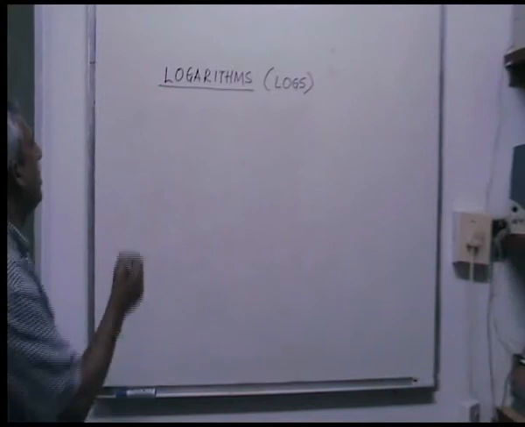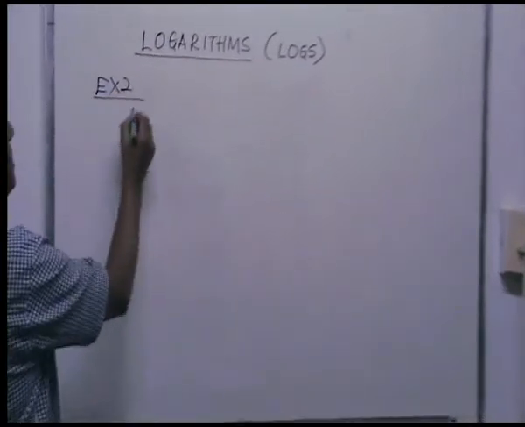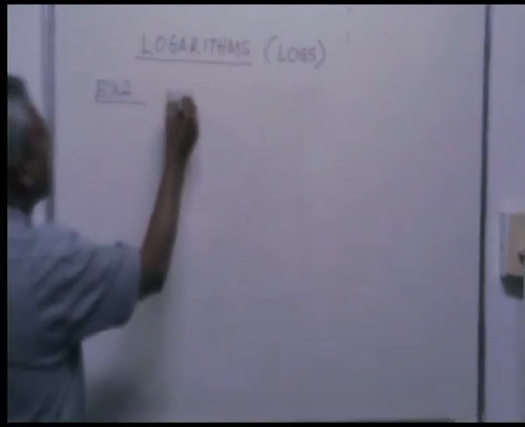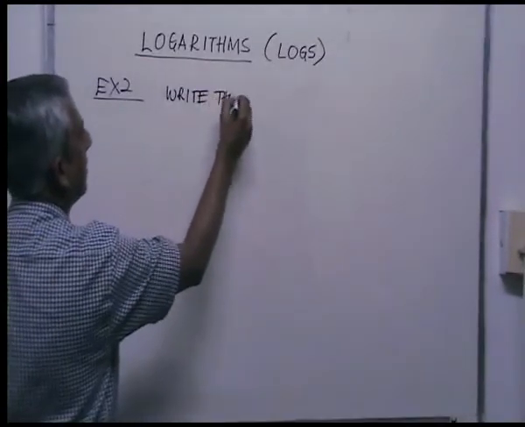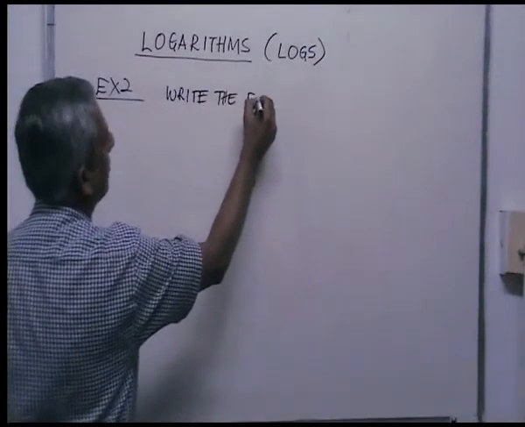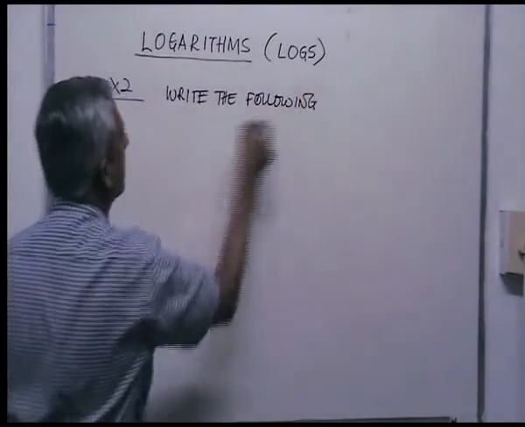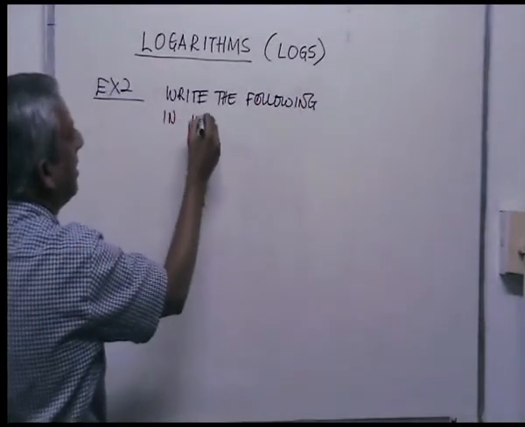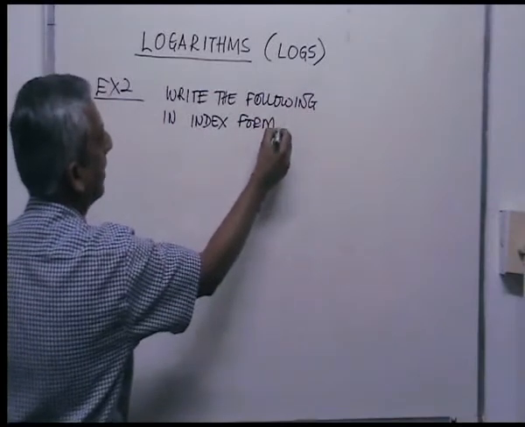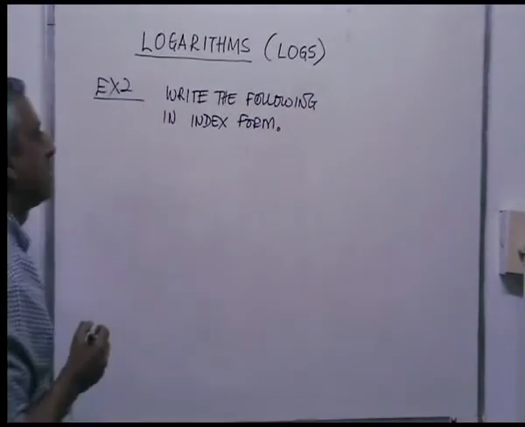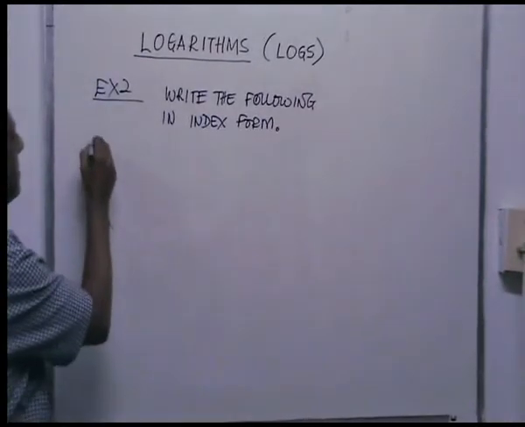Alright, I'm going to give you now a little exercise to do and I'm going to call it exercise 2, and this time you have to write the following in index form. And don't forget that sometimes the bases will not be written because the base 10 is understood.